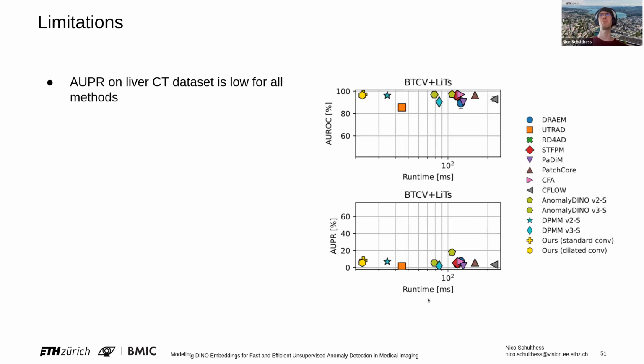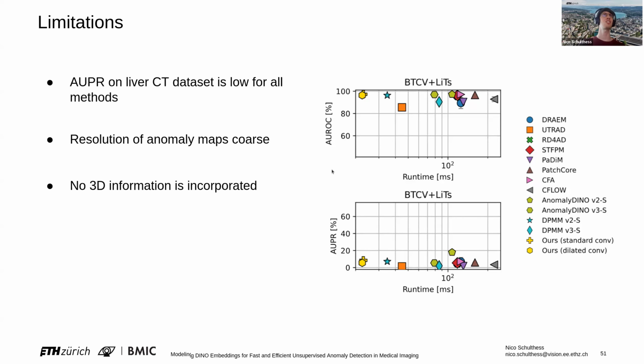So this is one part where there's still a lot of room for improvement, because none of the methods clearly work that well. Then more generally, for most or even all of the memory bank based approaches, or even the feature modeling approaches, usually the resolution of the anomaly maps stays the same as the resolution of the feature maps of the model. So usually the anomaly maps are rather coarse.